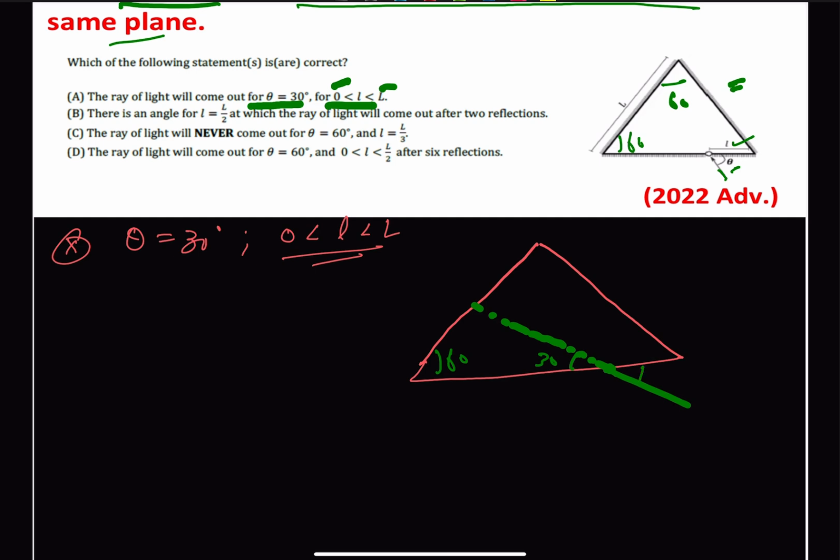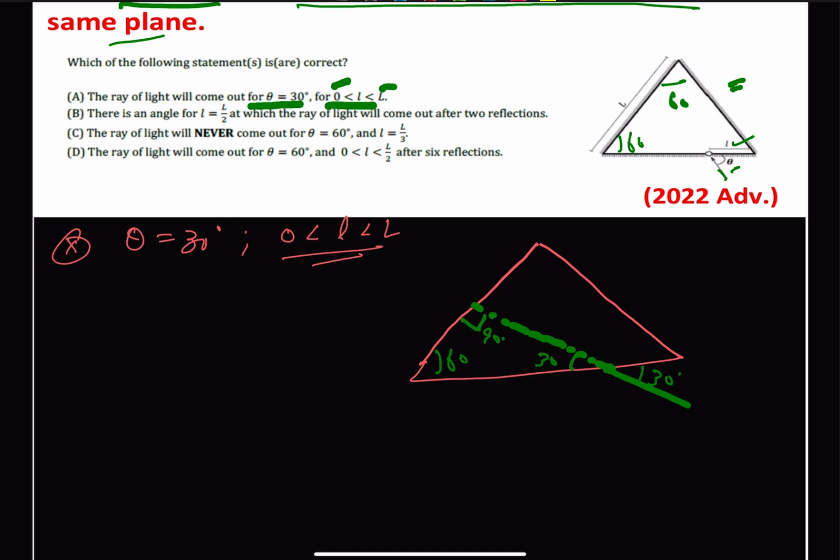This angle is also 30 because theta is given as 30 degree, and theta is with respect to the side of the, you can say, triangle. And if these two are 30, so automatically this will be 90 degree.